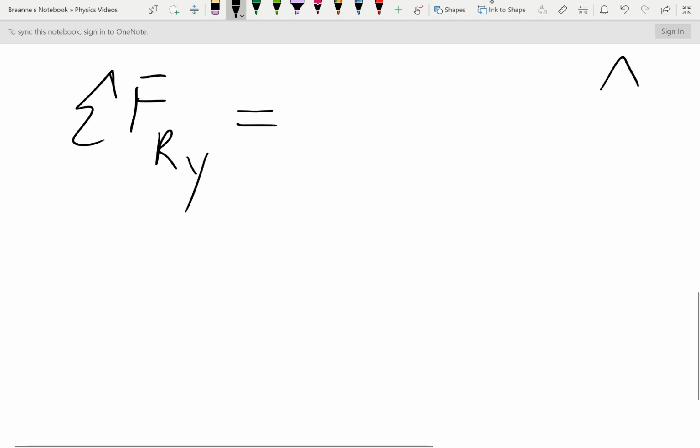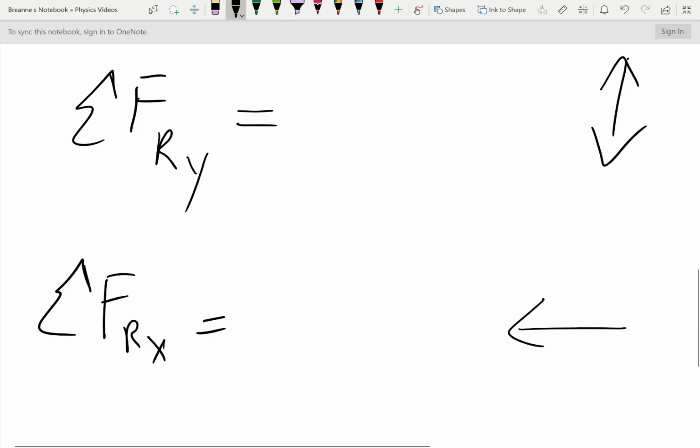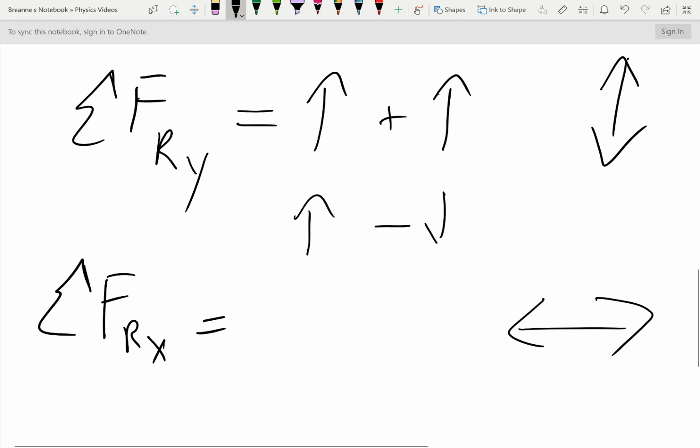Remember, y is up and down. And then you would do your resultant force in the x direction. Remember, x is horizontal. If your forces are going in the same direction, you add. If your forces are going in opposite directions, you subtract.